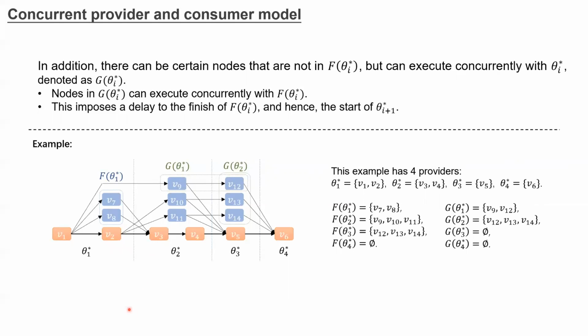So for the same example, we can see that although nodes 9 and 12 are not in the consumer group of the first provider, they can still execute concurrently with them and impose a potential delay.